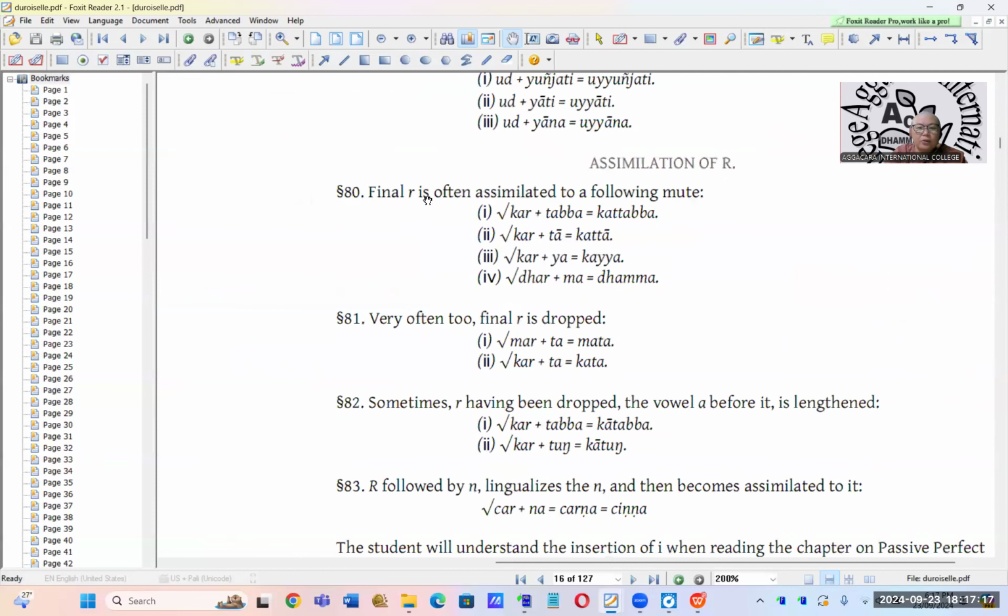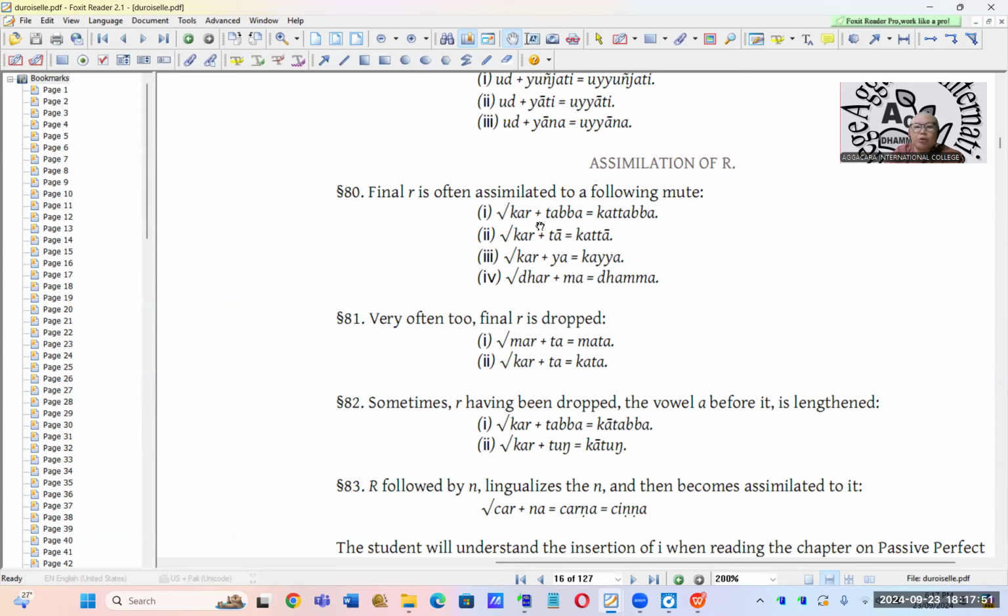Okay. So R, normally you can see R. Now, why did I need to mention the Y just now? Because with Y we can see the changes just now. R is also another thing that we can see, but most of the time R is actually not important. Because if you think about it, R sounds like you curl the tongue, so the letter is not strong at all. So normally when you meet another letter like T, the R is assimilated.